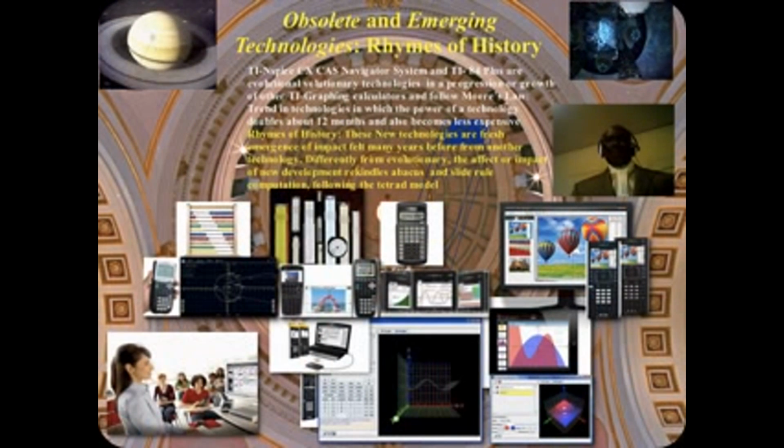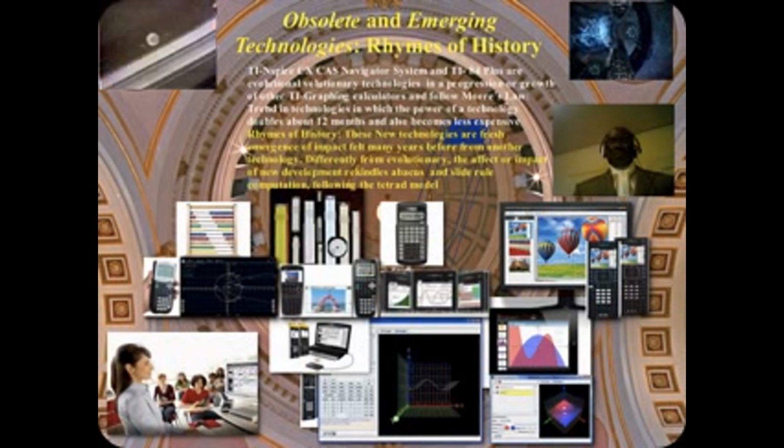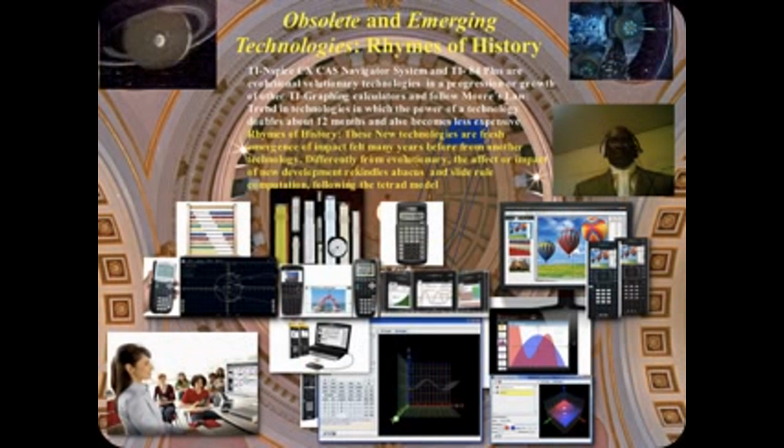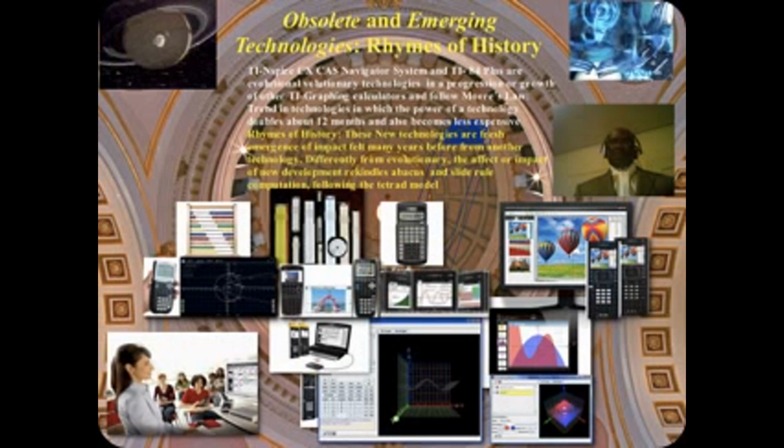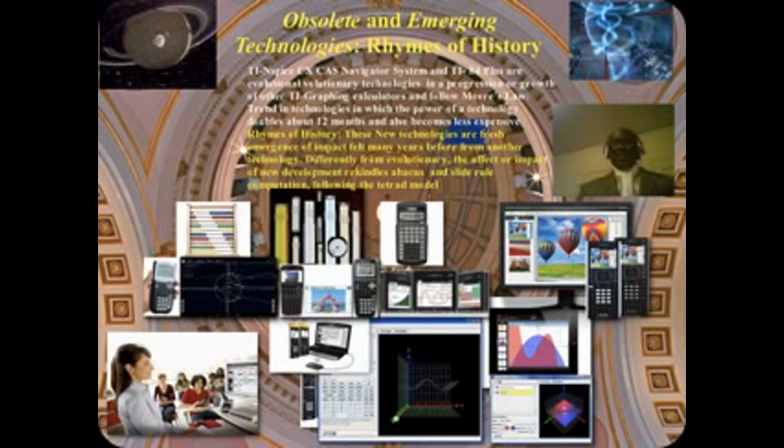Obsolete and emerging technologies, evolutionary technologies, and the realm of history. TI-Nspire CX Navigator System and TI-84 Plus are evolutionary technologies in the progression of other TI graphing calculators, supplant scientific calculators, and follow Moore's law, that is, the trend in technologies in which the power of technology doubles about every 12 months and also becomes less expensive and ubiquitous.